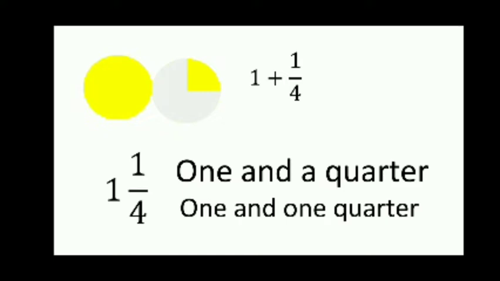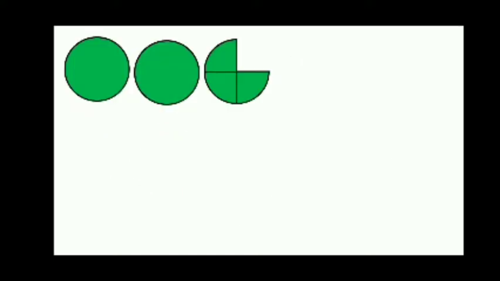Let's see another example. Now here, how many whole circles are there? Correct. There are 2 whole circles. And the third circle is 3/4. So how do we write it? We write it as 2 plus 3/4.